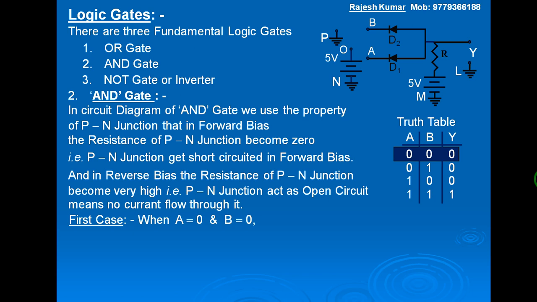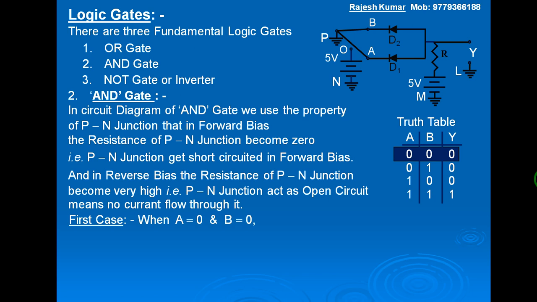For 0 input, connect A to point P and B to point P. The N-type semiconductor of the PN junction is connected to low voltage, 0 volt, and the P-type of the PN junction is connected to the positive terminal of the battery at point M through the resistance R.